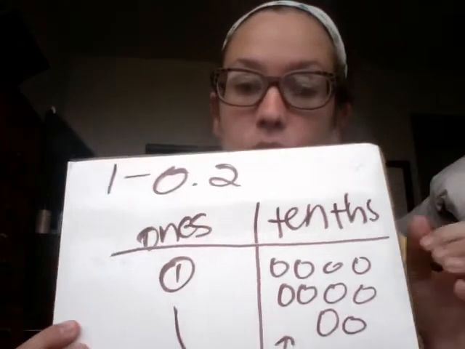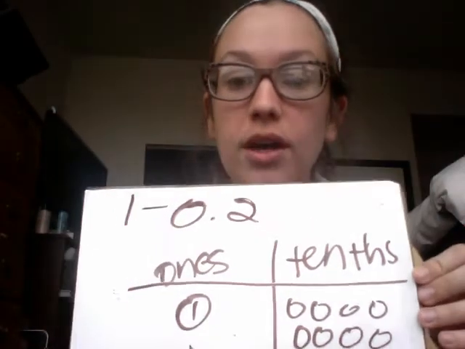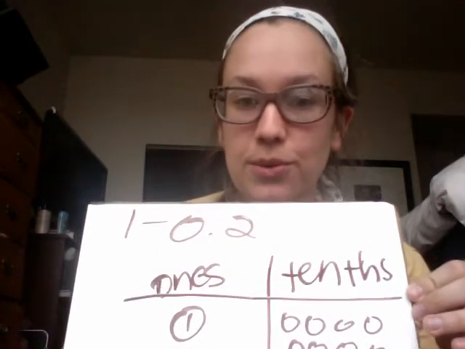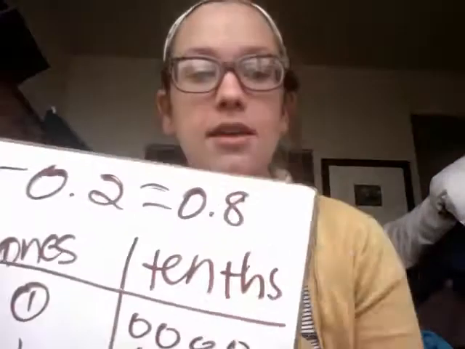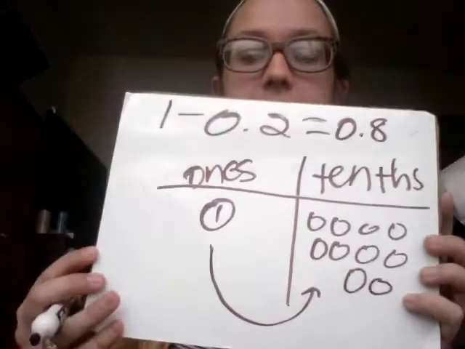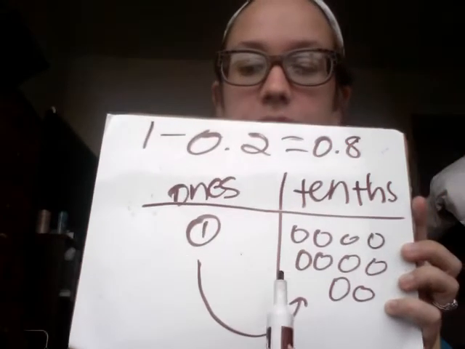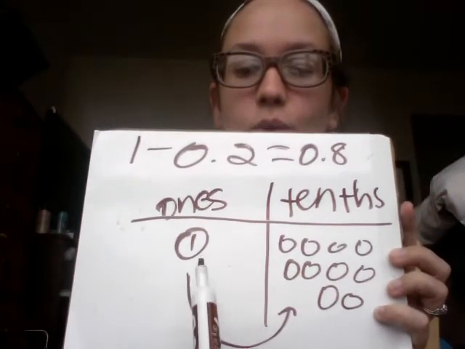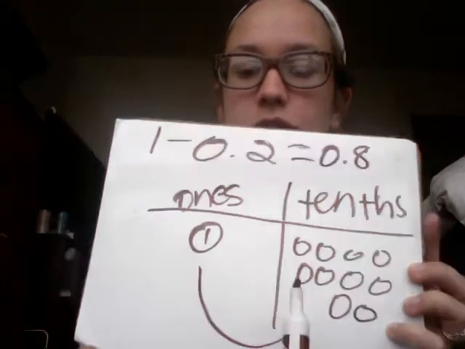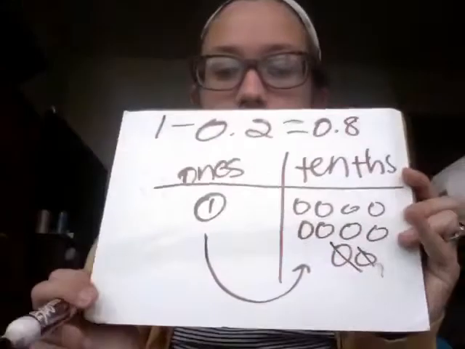So now it's like we're subtracting 2 from 10, right? Which you can do in your head, right? So the answer is 8 tenths, okay? We have 10 tenths, right? Because we traded in our 1 whole for 10 tenths, and we're taking 2 away. So 8 tenths.